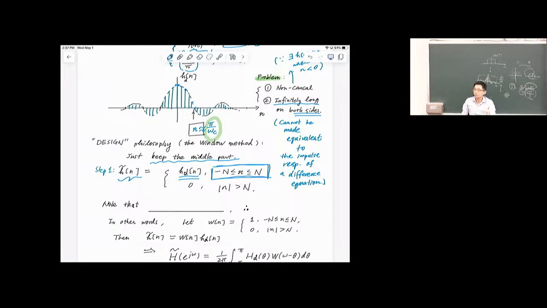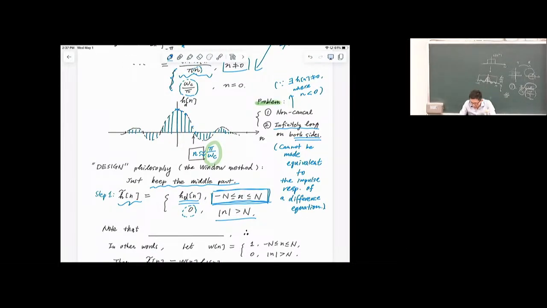And then make the truncation: set the impulse response to be 0 outside this region. For example, let's count. If big N is 1, 2, 3, 4, 5, 6, 7, 8, 9, 10, 11, let's say big N is 11.